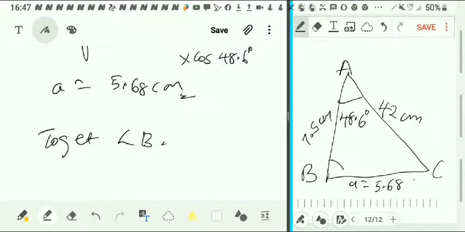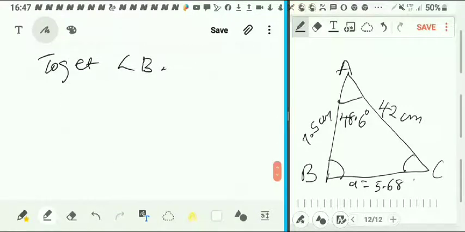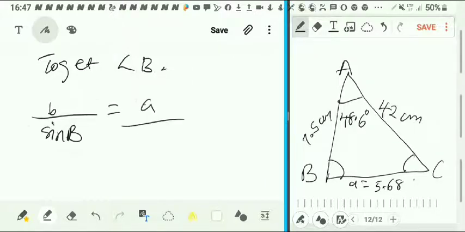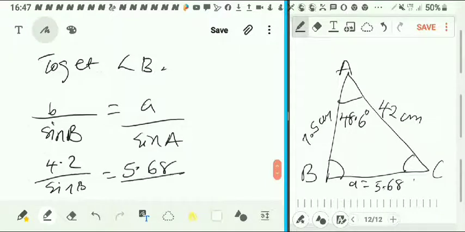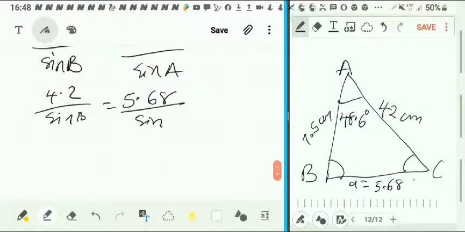We can use the sine rule to get angle B and angle C. To get angle B, b over sine B, because we're looking for an angle, so b must be included, equals the one whose side and angle is given, that's a over sine A. So 4.2 over sine B equals 5.68 over sine 48.6 degrees.